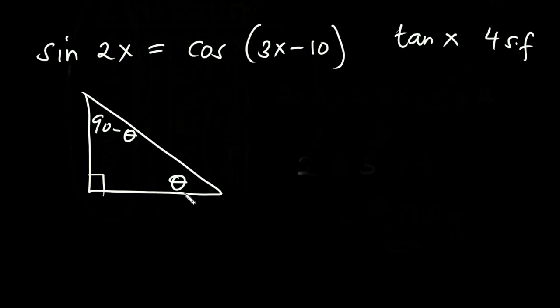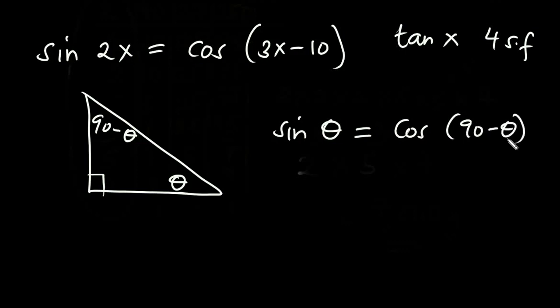We came up with a relationship that the sine of this angle, which is theta, is equal to the cosine of this other angle, which is 90 minus theta. So the sine of this angle is equal to the cosine of this other angle, and as we have said, these two angles should add up to 90 degrees.